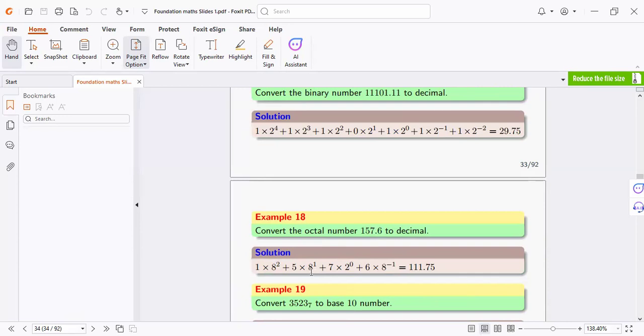I think I made a mistake here. I used 2 instead of 8. This is supposed to be 8. And then this other one is okay because it's 6 times 8 raised to negative 1.